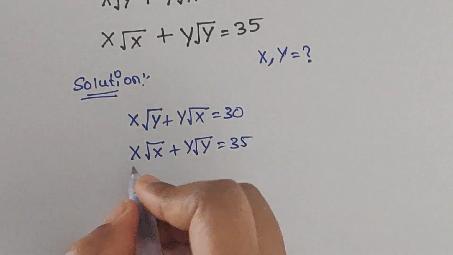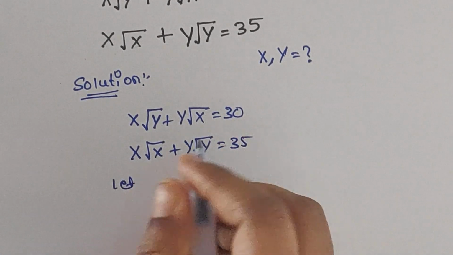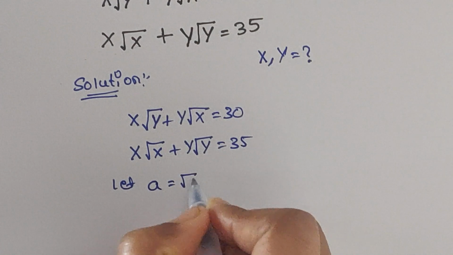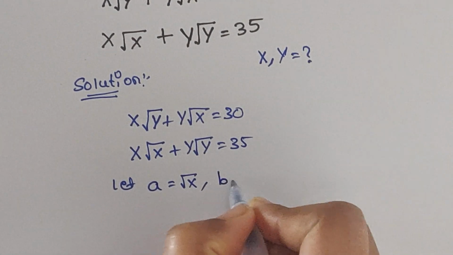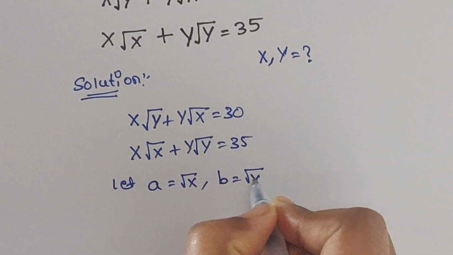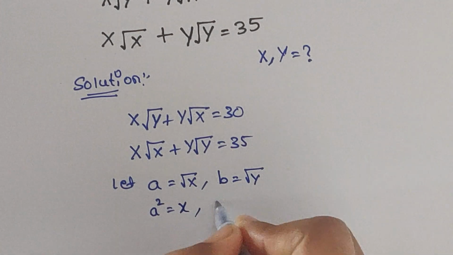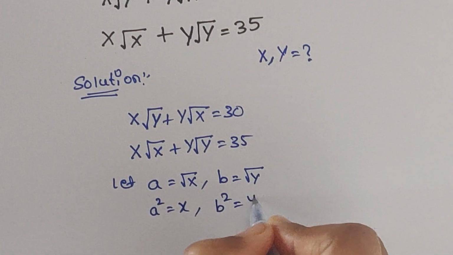So first let us consider a equal square root of x and b equal square root of y. It means a square equal x and b square equal y.